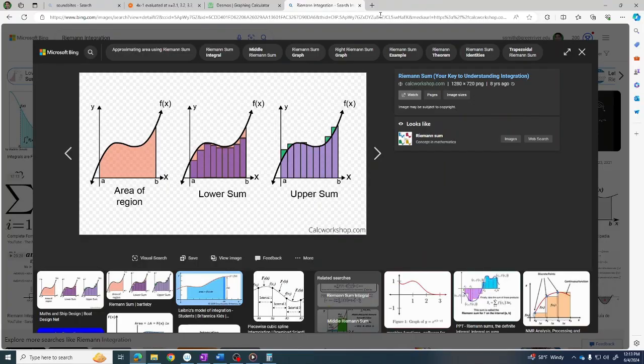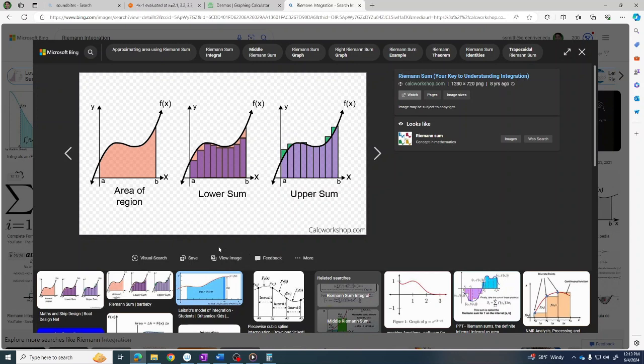Let me show you another picture to make that idea a little clearer. Someone graphs a generic function f of x on an interval from x equals a to x equals b. The area underneath that graph is given by this smooth area, drawn here in orange.